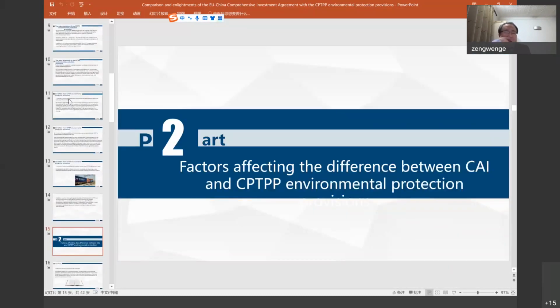The second part introduces the factors affecting the difference between the CAI and the CPTPP environmental protection. This part discusses why they have different articles, different structures of environmental provisions, and different models. Why?